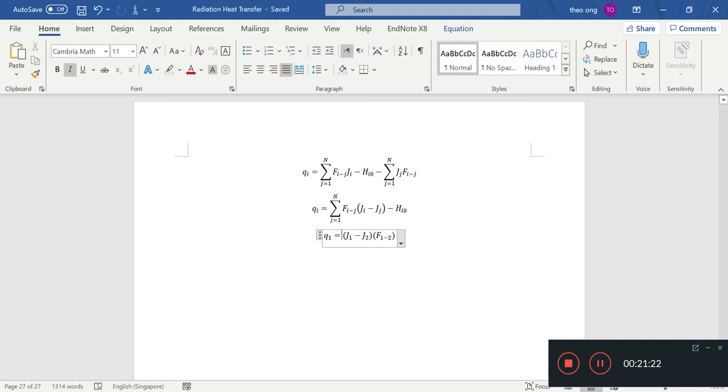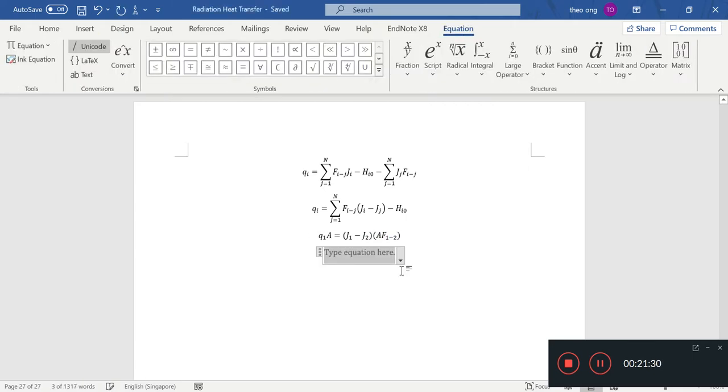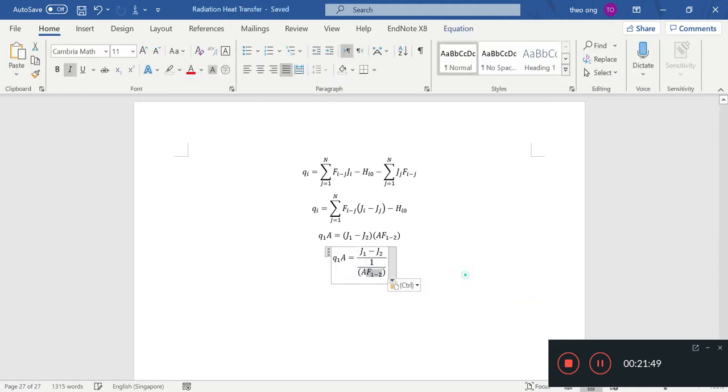Once again, if we put in the area here, it will be like such, and we can see the resistance. This is the voltage, so to speak, and the current, so to speak, and the resistance will be this. This is the resistance in this network analogy.